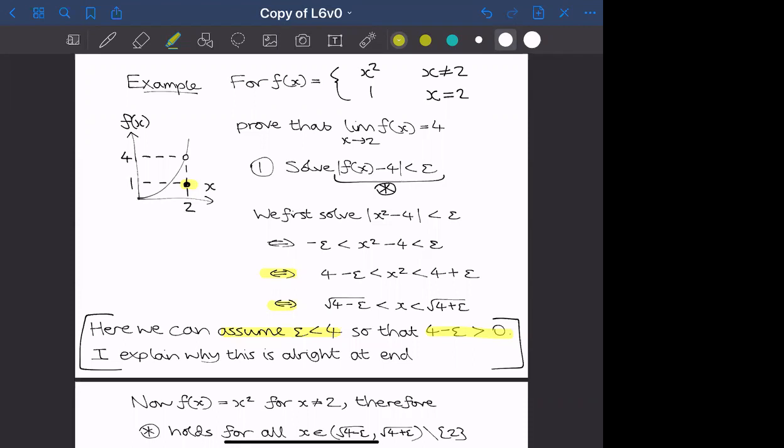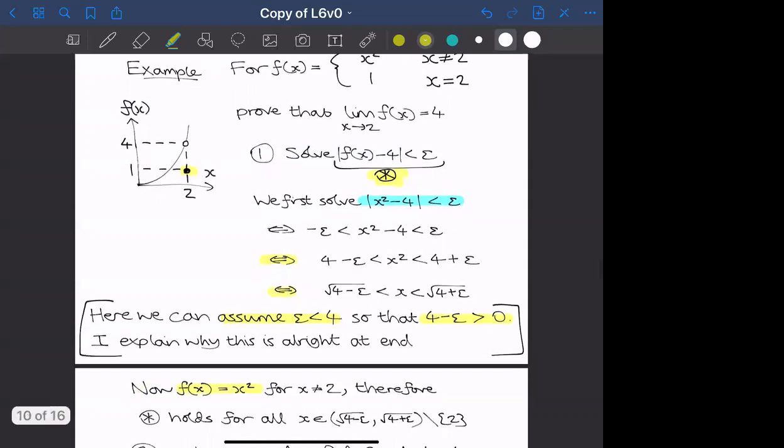So we solved x squared minus 4 is less than epsilon, which is not quite what we wanted. We wanted to solve star. But f(x) equals x squared for x not equal to 2. So we actually have solved star. We've solved star for x in this interval, as long as 2 is removed.